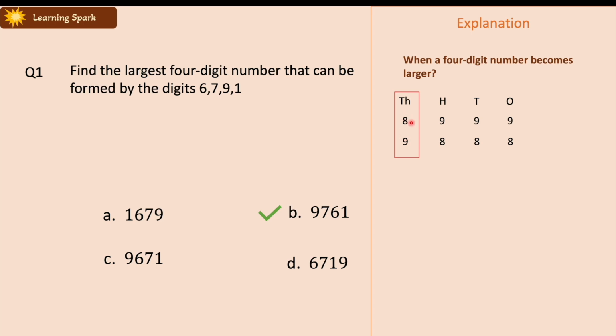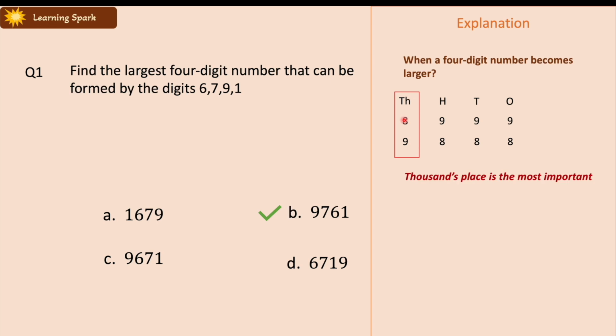Why? Because in the thousands place, the digit in the second number is larger than the digit in the first number. So clearly the thousands place plays the most important part in determining which number is greater and which is smaller.